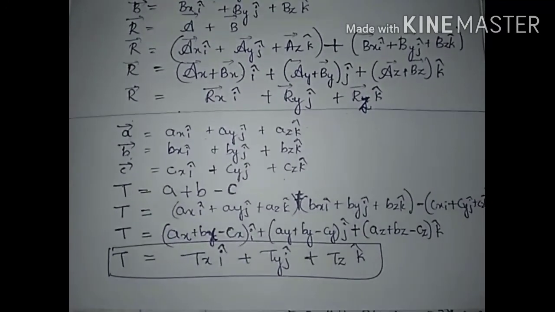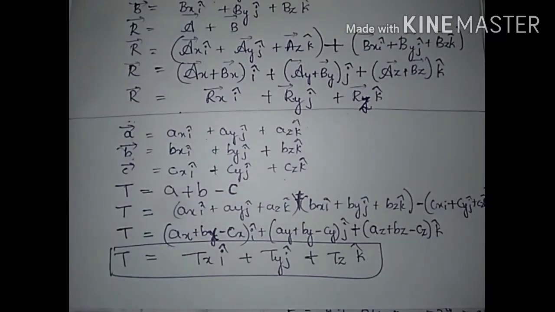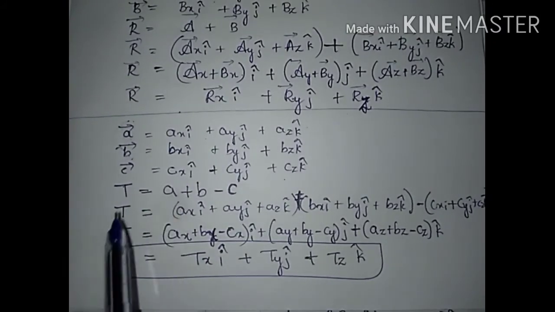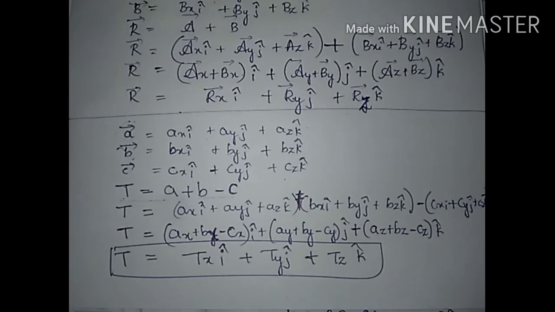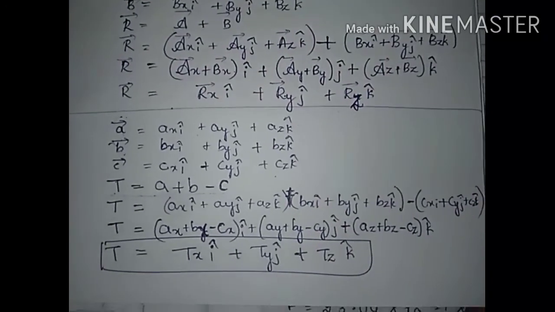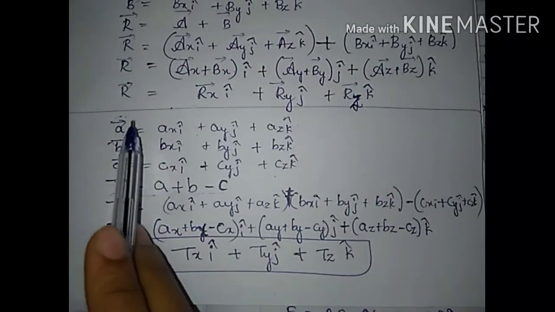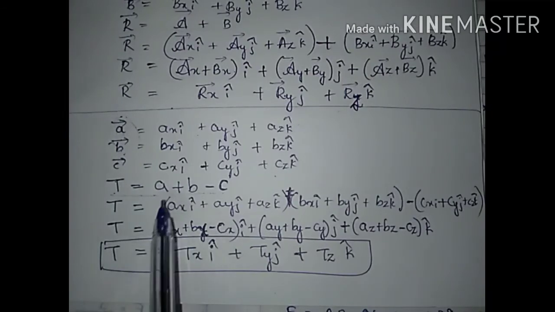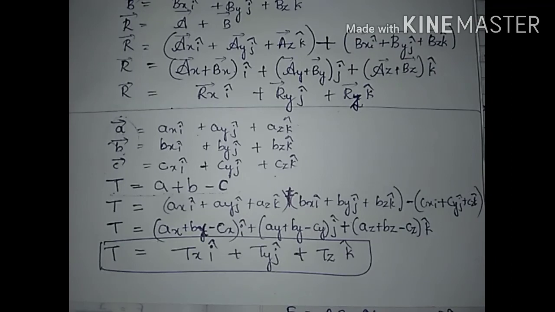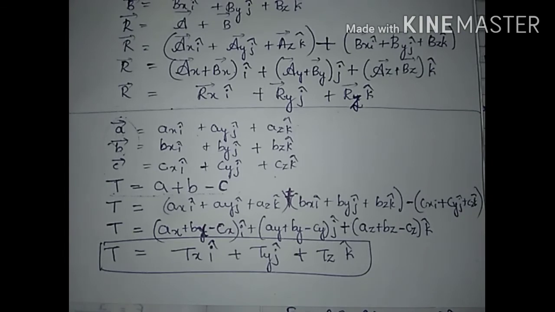This is the answer for the three vectors given above, and T is given as A plus B minus C. Whenever you are given vectors and asked for their addition and subtraction, first you have to write the components of the vectors in 3 dimensions or in space.